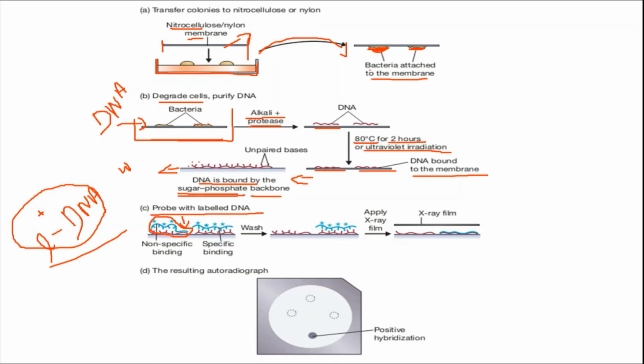Between the DNA fixed in the membrane and the probe we add, they may be complementary to each other, and then they are hybridized. Maybe they are not complementary, and then they cannot hybridize. That's all. When it is complementary, it hybridizes; maybe some are hybridized and some are not.